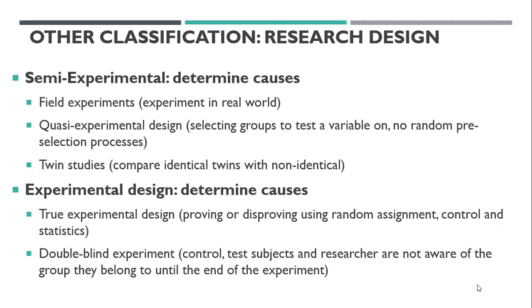So now if we move on to the experimental design, you are still trying to find causes. Through experimental design, you want to prove or disprove what you are looking at, or the association or the differences, by using random assignment.